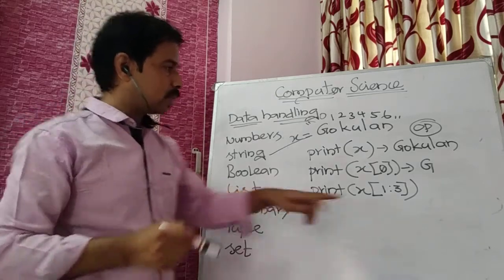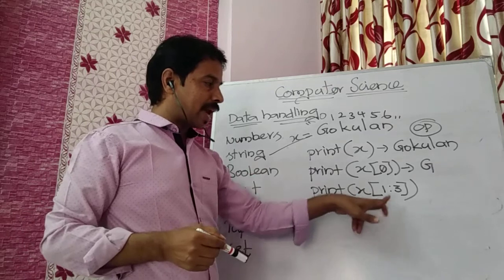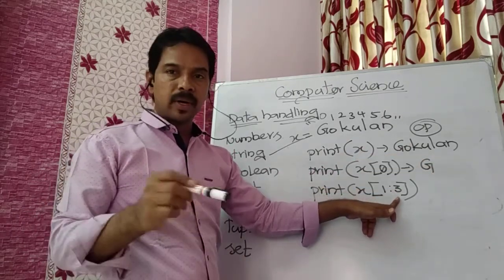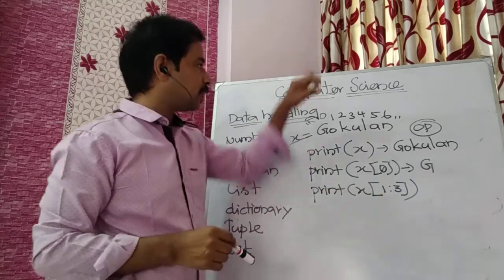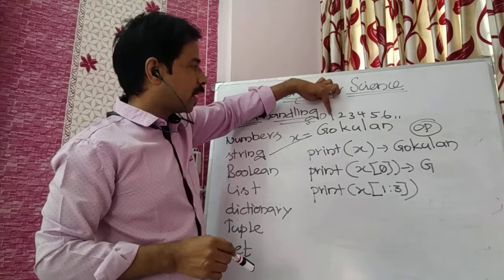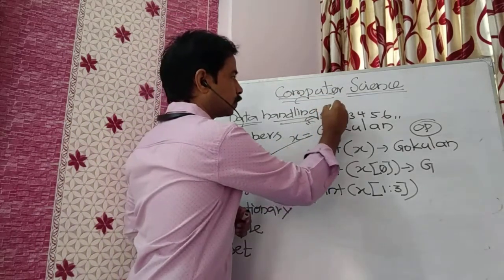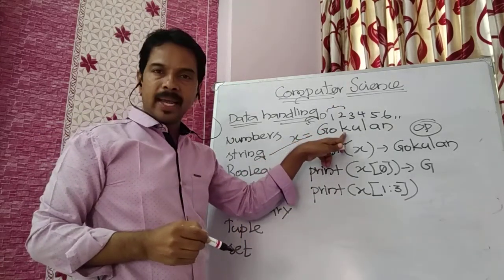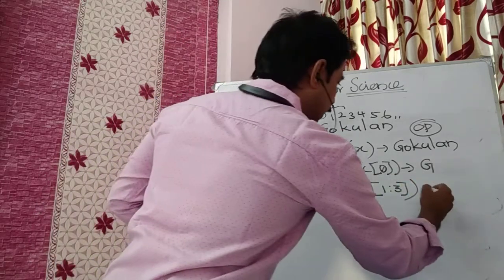Starting from 1 up to 3, those characters will get printed on the screen, but 3 will not be considered. Only 1 and 2 will be considered. So O and K alone will get printed in this case.